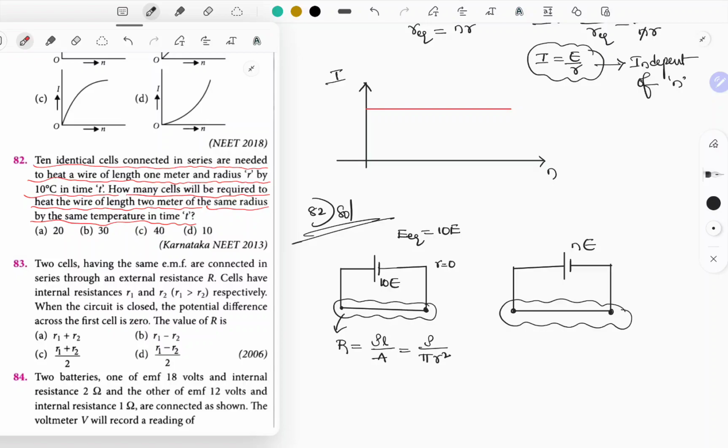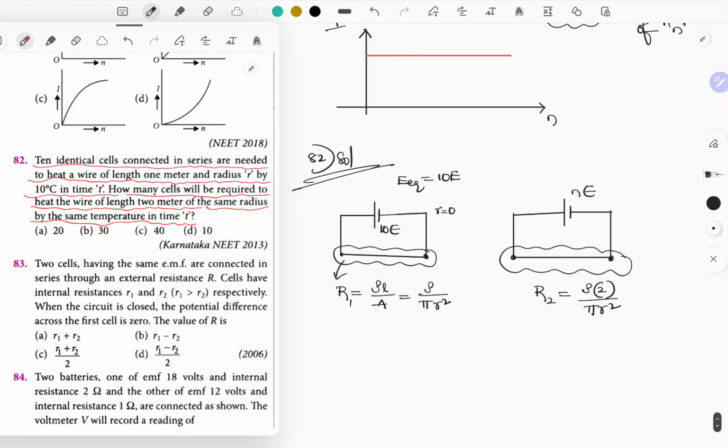They're asking how many cells will be required to heat the wire of length 2 meter. Now here the length of the wire is 2 meter. Let's say this is R1 and this is R2. It's going to be rho into 2 meter divided by the same radius, at the same temperature they're asking. So same radius in the sense pi r squared. This is the resistance of the second wire.